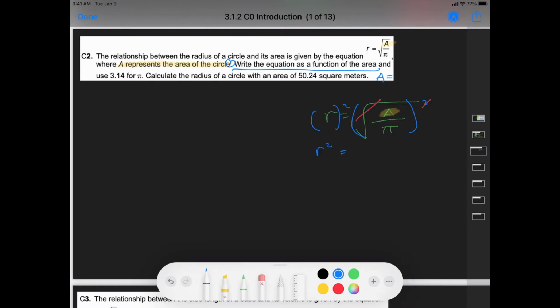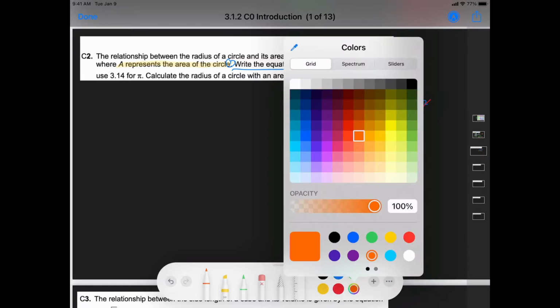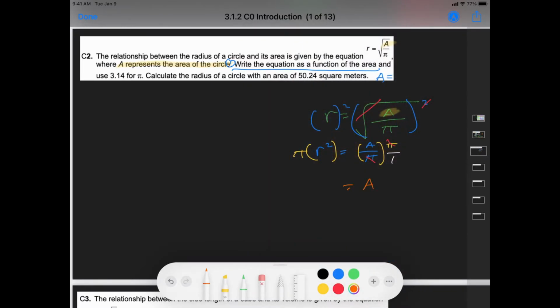And so you're left with A over pi. And then I'm just going to multiply both sides by pi. Oh, look at that. Do we know that formula? Pi's will cancel, and you're left with A equals pi r squared. Okay? Alright, second thing, and it says use 3.14 pi.